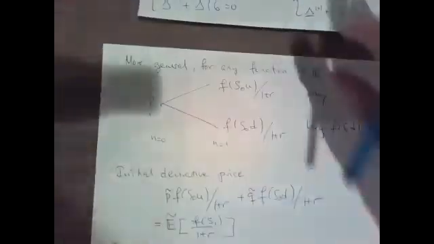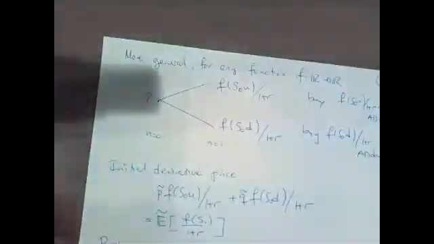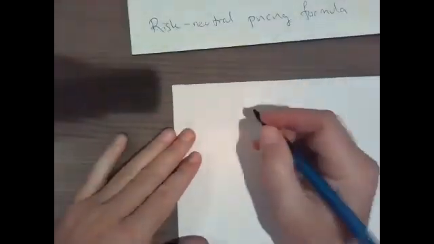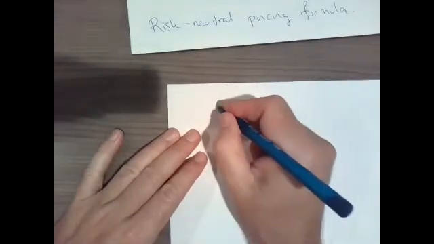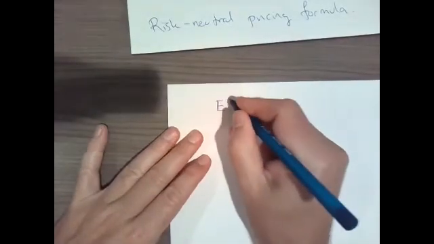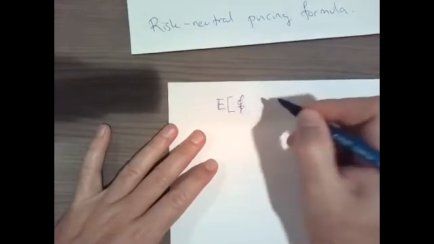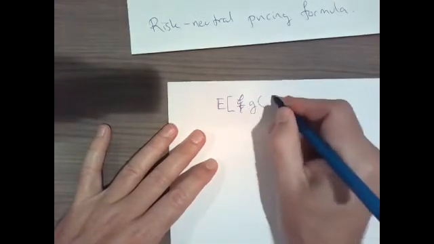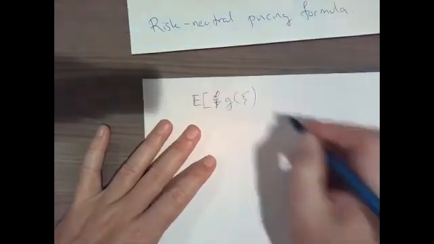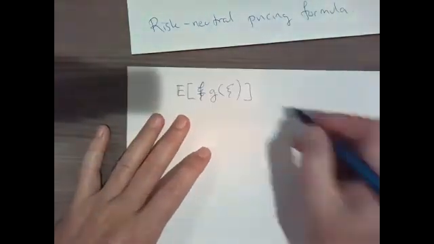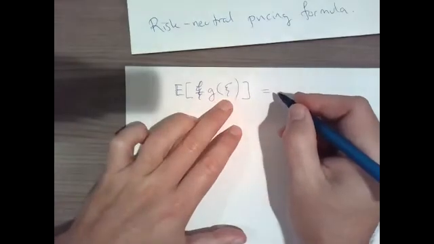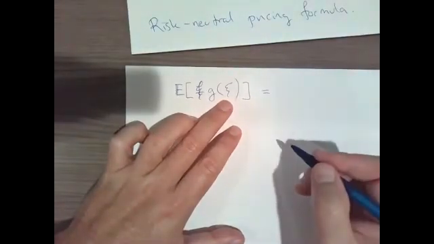This is where your background in probability is going to come in handy, because what is the expectation of a random variable? If I'm looking at the expectation of a function, let's call it g of my random variable psi, well, psi can take two values. It can either be u or it can be d.